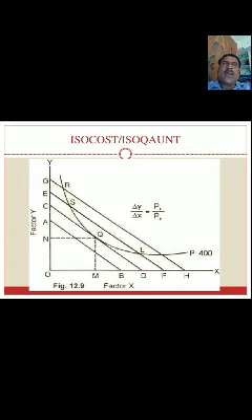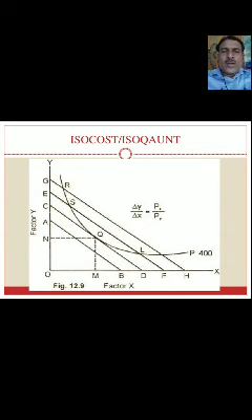Again the budget increases to 800 rupees. Here GH is the new isocost line. Where the producer's budget or investment is expanding, new isocost lines arise on the right side, almost parallel.